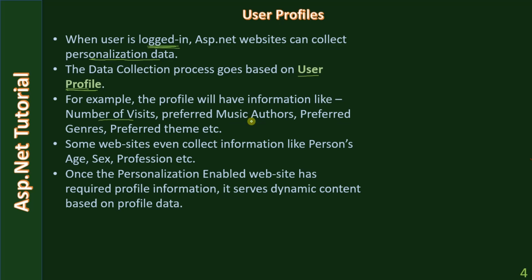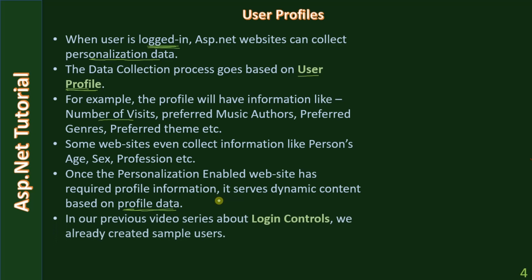Once the personalization enabled website has the required profile information, it serves dynamic content based on profile data. So that means in this subseries we are going to see how to store profile data. Based on the collected profile data, the web server serves the dynamic content.